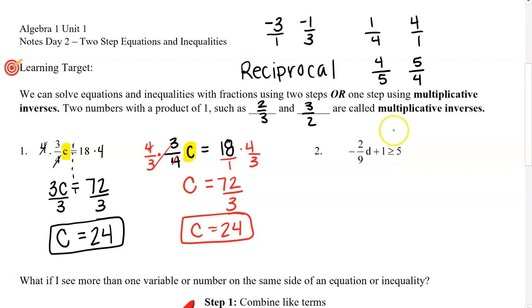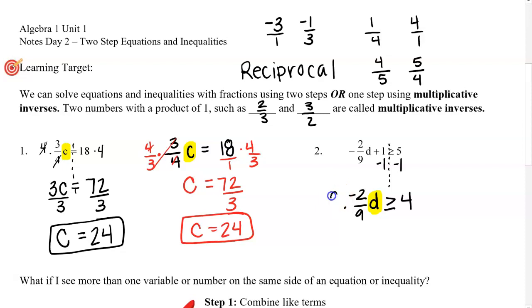Okay, the same idea works here. I'm going to show you this with multiplying by a reciprocal. If I subtract 1 first, so your first step is always similar to what you did in two-step equations and inequalities. So you want to make sure that you get the variable with its coefficient alone before you multiply by the reciprocal.